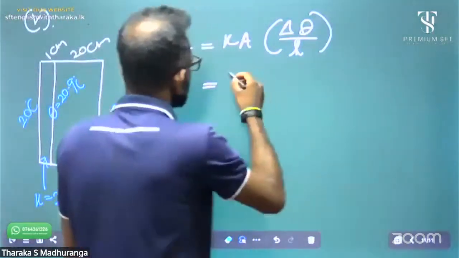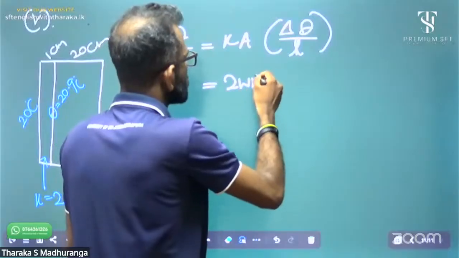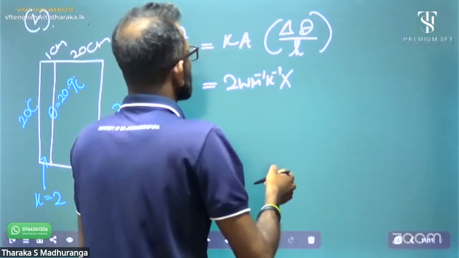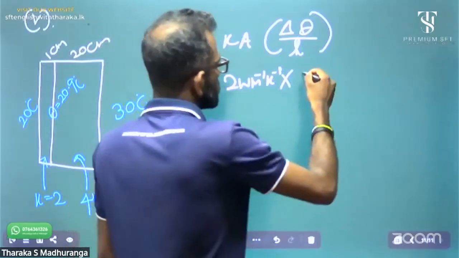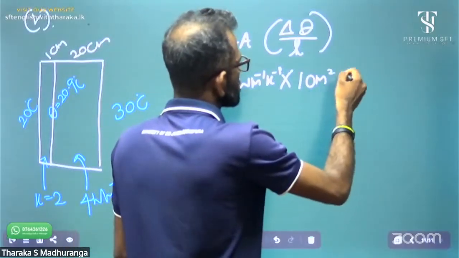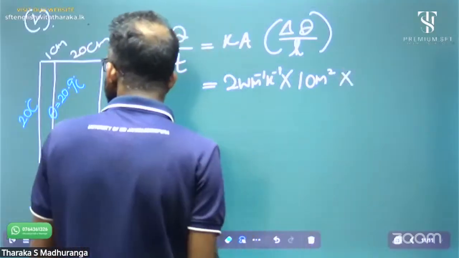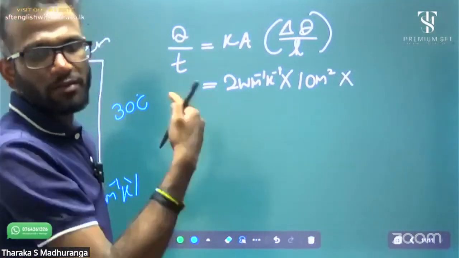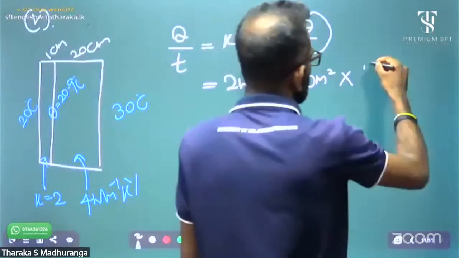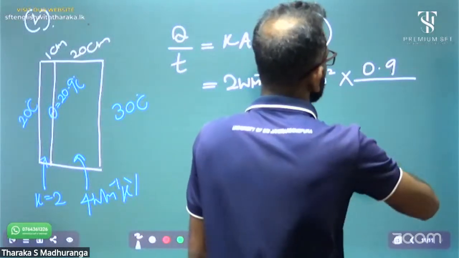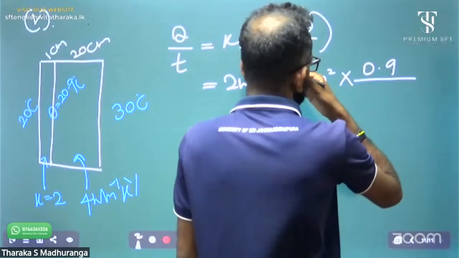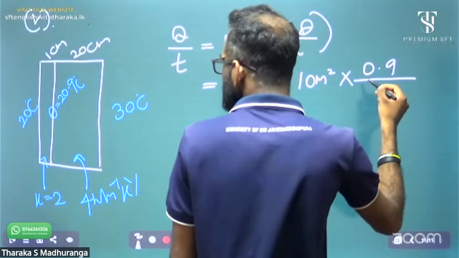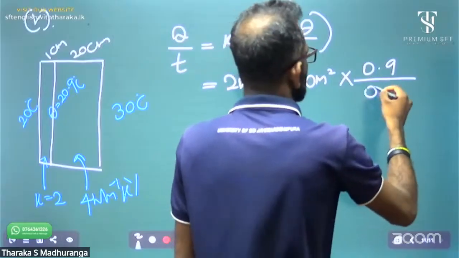The k value is 2 W m^-1 K^-1, the cross section area 10 square meter. Temperature difference 20.9 minus 20, it is 0.9. The length is 0.01.